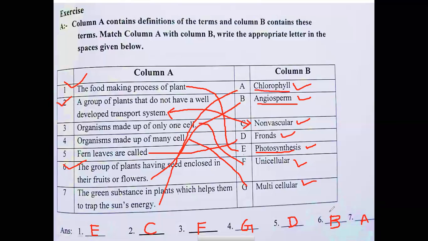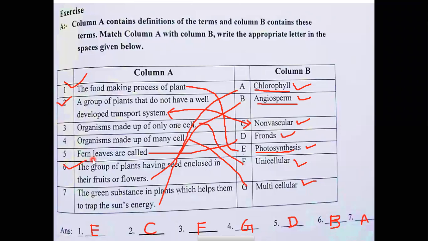Once again, I will read and you have to listen to me and you will do this in your book. Okay, students? I will read again and you have to repeat with me. The food making process of plants is known as photosynthesis. Number 2 is a group of plants that do not have a well-developed transport system is called non-vascular. Number 3 is organisms made up of only one cell are called unicellular. Number 4, organisms made up of many cells are called multicellular.